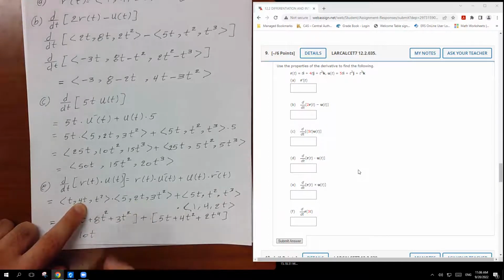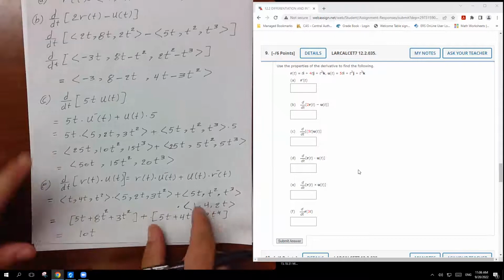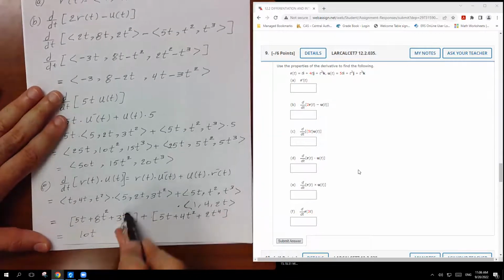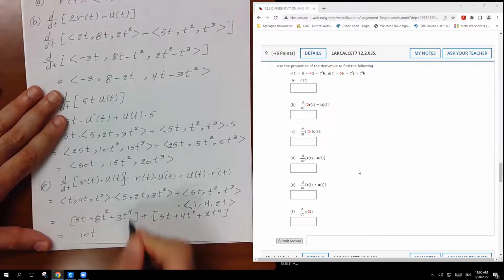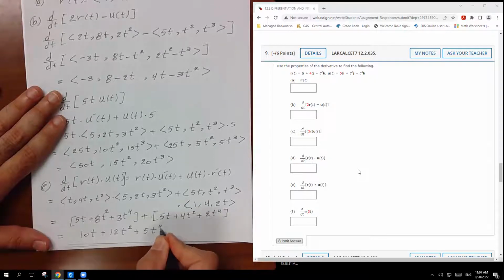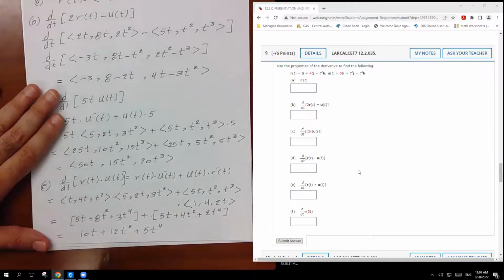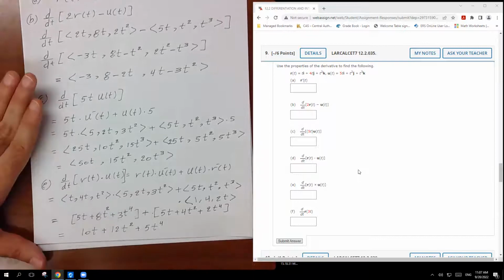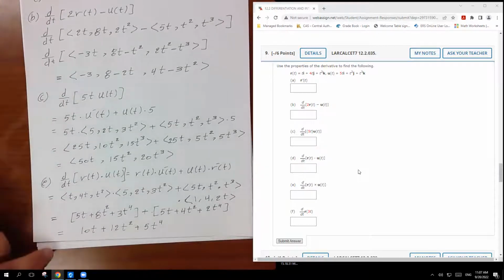Multiplying this one with this one, this is to the power 4. So 10t plus 12t squared plus 5t to the power 4. This is the dot product for the E.